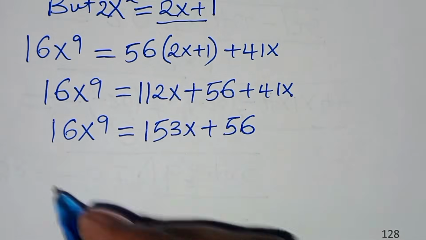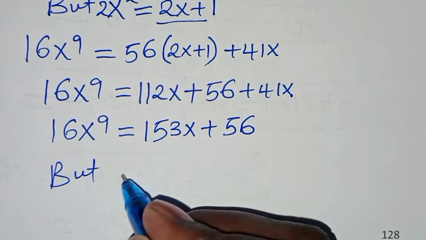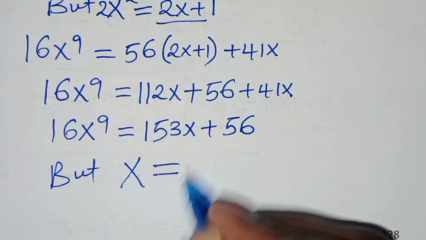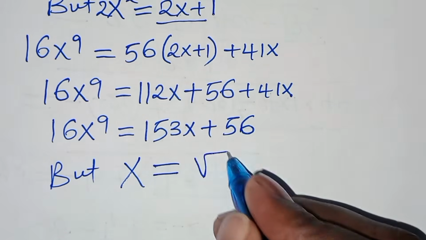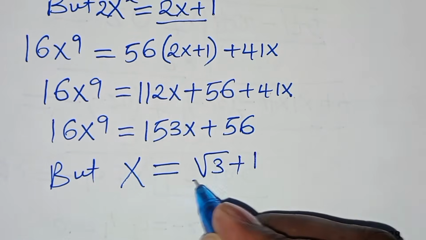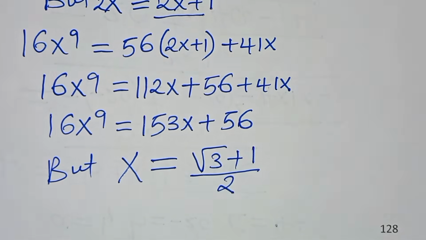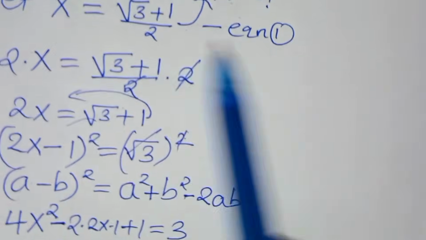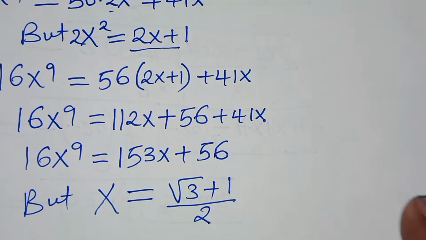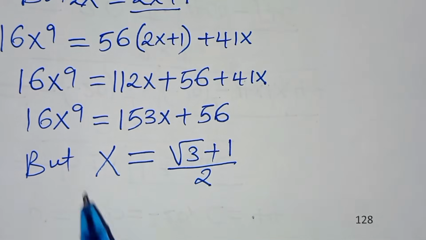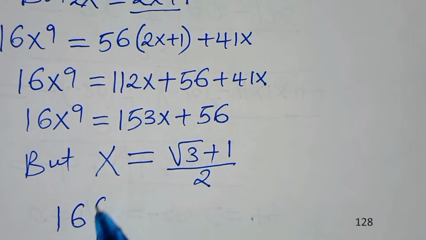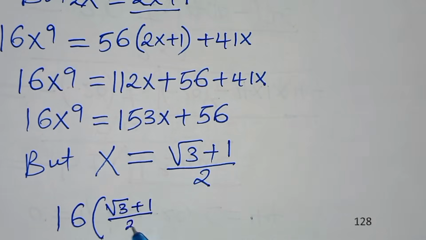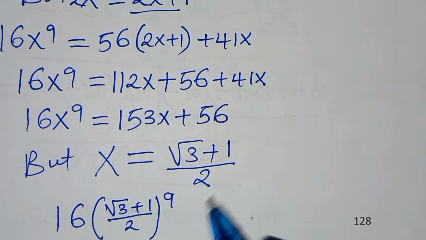Okay? Now, if you recall, we had that x is equal to square root of 3 plus 1 divided by 2. That is from equation 1, which we have here. x is square root of 3 plus 1 divided by 2. So let's substitute this. So now we have 16 multiplying by square root of 3 plus 1 over 2, everything here raised to the power 9.